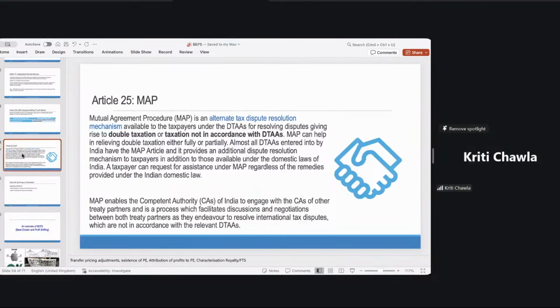So there could be issues relating to transfer pricing adjustments, or existence of PE, attribution of profits to PE, or characterization, royalties, FTS, all these kinds of issues can go into something called MAP.